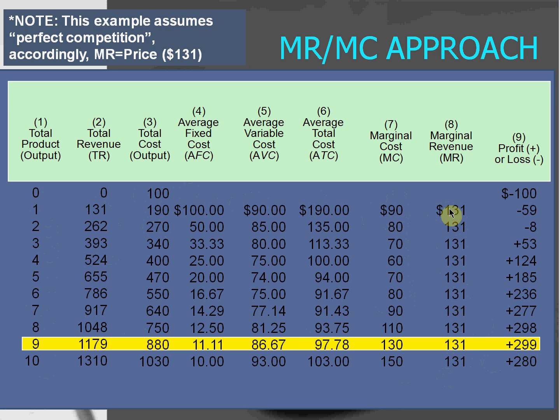Now, what do we do with this information? Let's consider the following. If you were this firm and you were producing at 1 unit of output, widgets of 1, is this a good place to be? Well, let's consider it. In producing that first unit, how much do we gain? We gain 131. That's the price of the product.